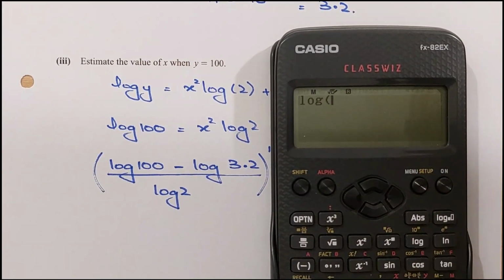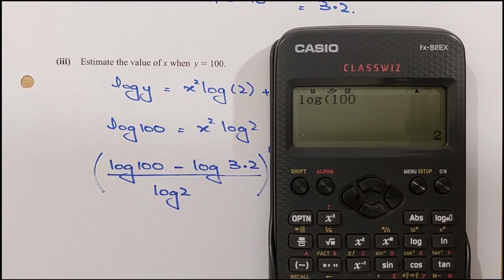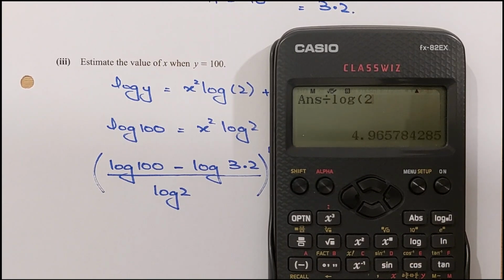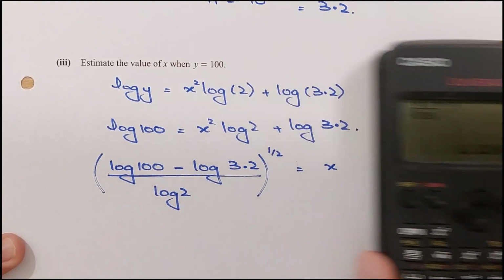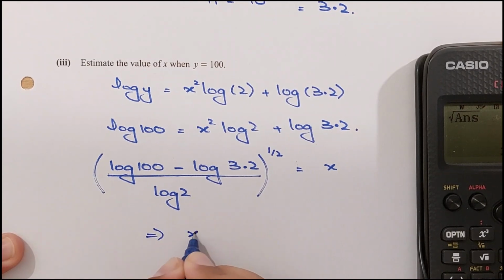So first we have to do log 100 subtract log of 3.2 divides log of 2 and square root of answer. So the estimated answer is 2.228 or 2.23. So we can say the estimated value of x is equals to 2.23.